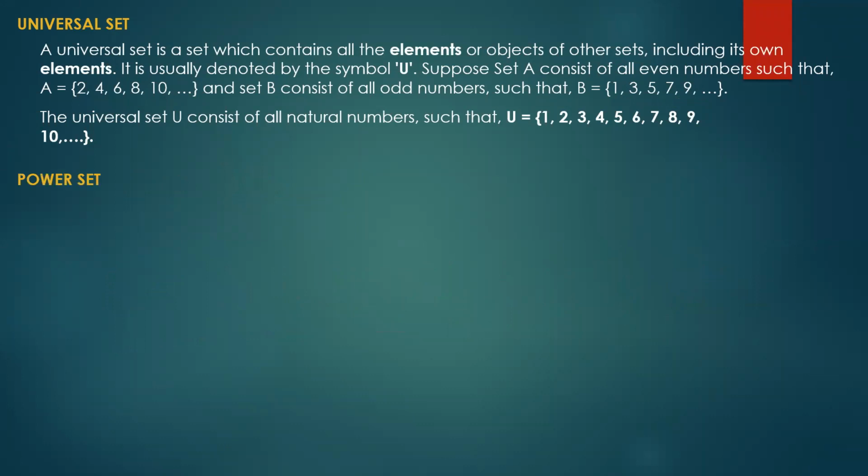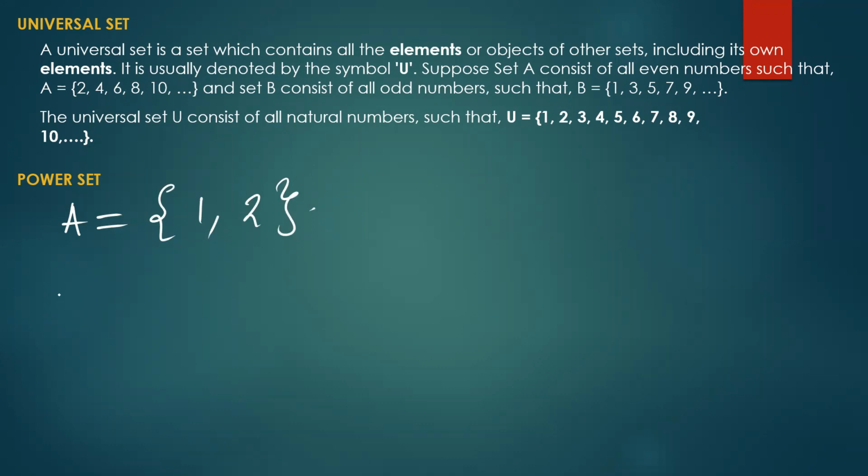What is a power set? A power set is simply a set that consists of all the subsets of a given set. So for instance, let's say set A contains the elements 1 and 2.